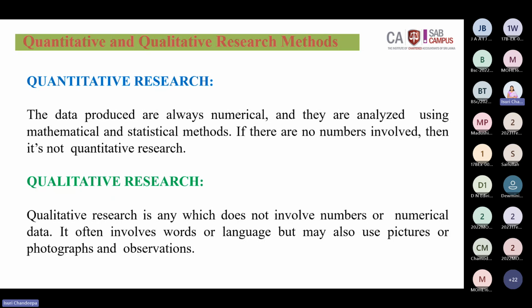Therefore, not that much analysis is involved in qualitative research compared to quantitative research. Especially, we are not using mathematical and statistical techniques to analyze the data collected throughout qualitative research. Mathematical techniques and statistical methods are never used in qualitative research.